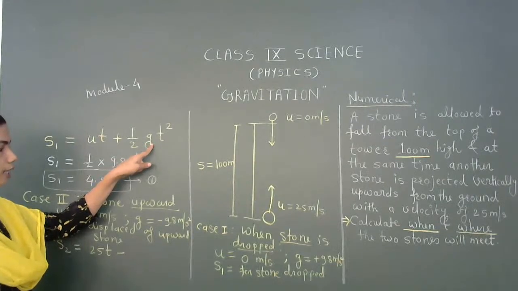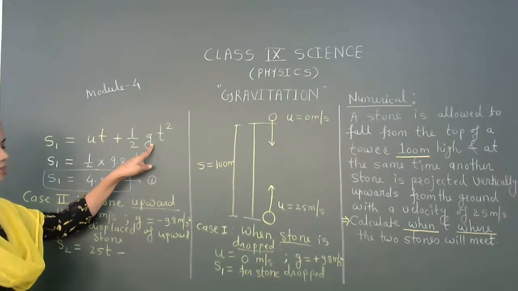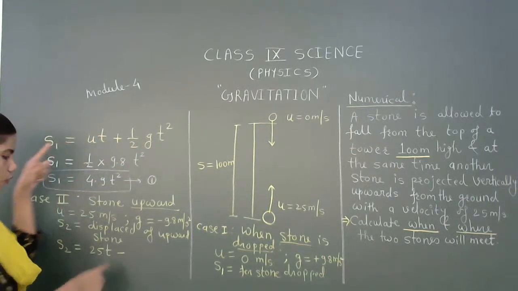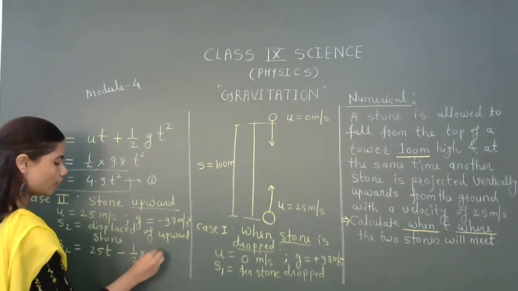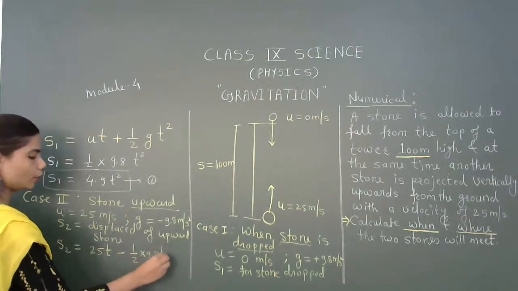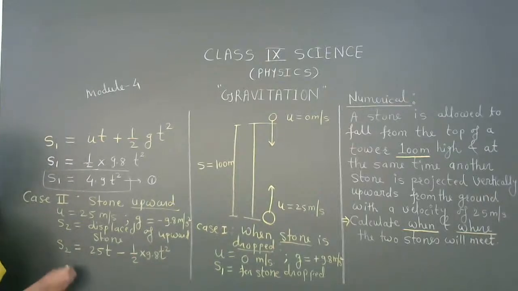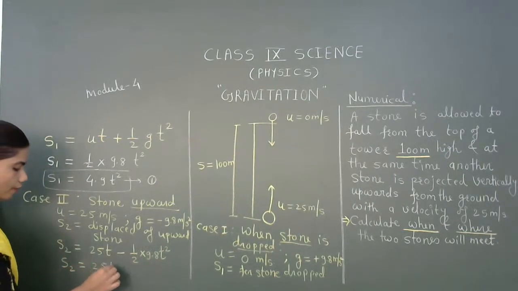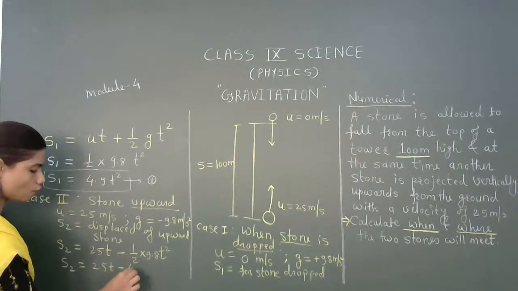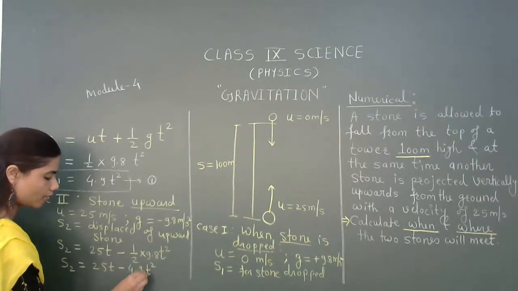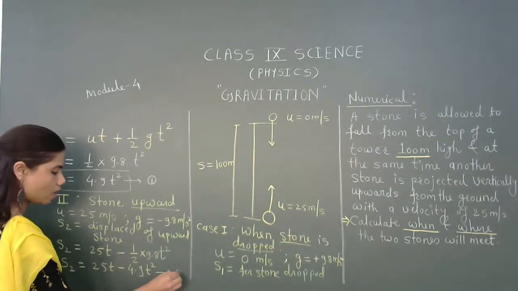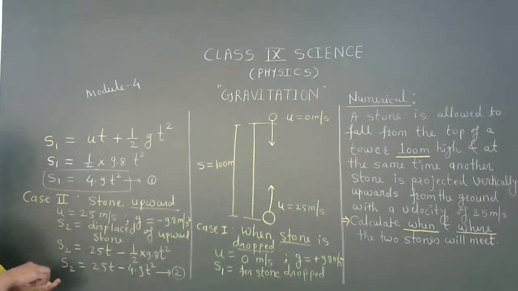Because in g it is 9.8 instead of minus 9.8, so minus half into 9.8 into t square. And what will be our S2? S2 will be written as 25t minus 4.9 t square. This is our equation number 2.